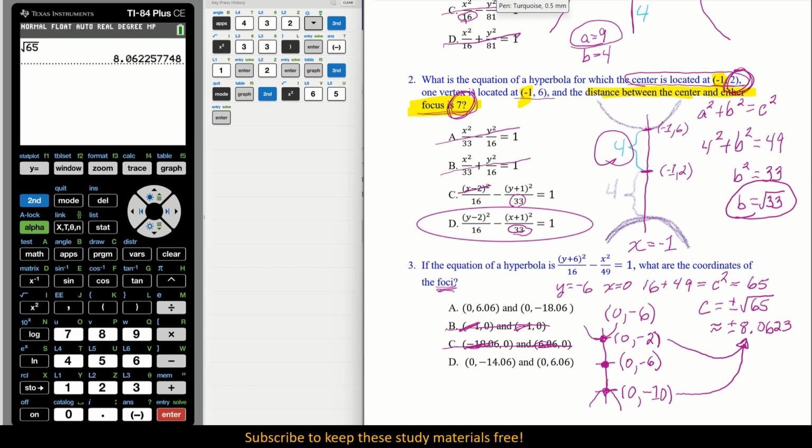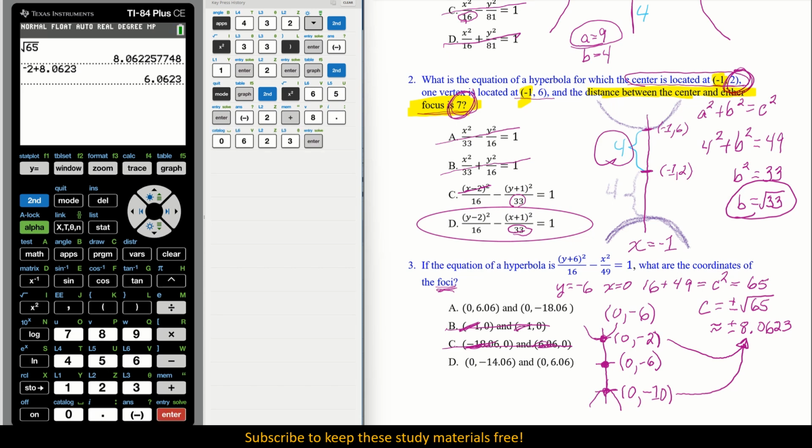Well, what do we need to do? We'll just put it in the calculator real quick. -2, and we need to go up, so let's add 8.0623. What do we get? Oh, that's great. We get roughly the correct answer for A right here. That's an option. Oh, but they have it down here on D too. Okay, fine.